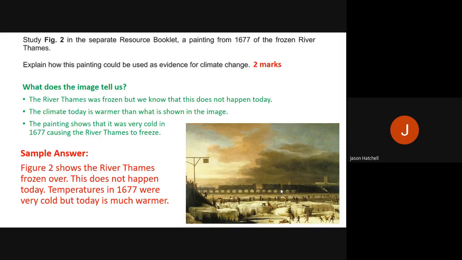So this answer is much simpler than you might think it is. Essentially, what you're saying is the picture shows that it was much colder back in 1677 than it is today, because the River Thames is frozen over in the picture, and today it's not. That's it. So again, all of your answers really are in this picture. You've just got to explain them. Okay?